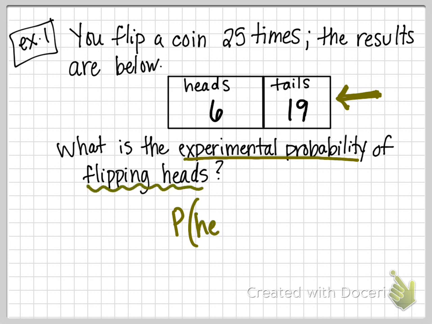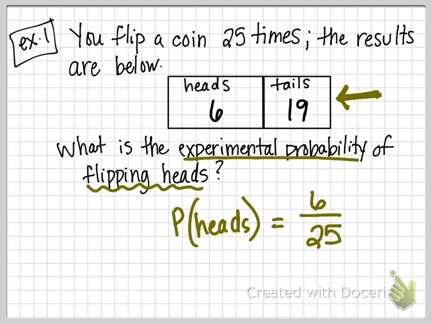Probability of flipping heads on the coin is the number of times it happened, which is what? 25 times? No. How many times was our favorable outcome? Yep, 6. Out of the total number of times we flipped the coin, 25.